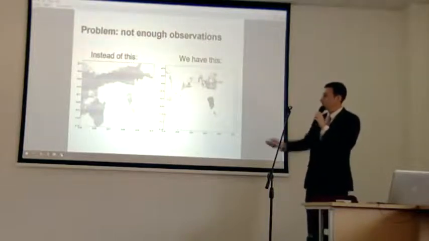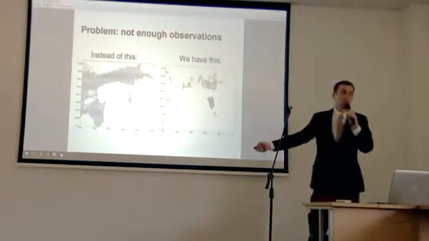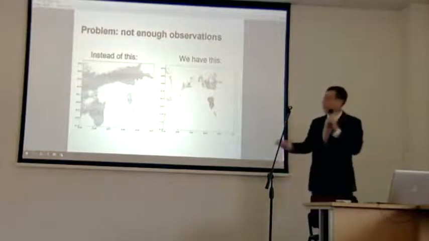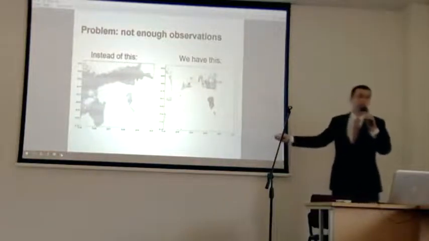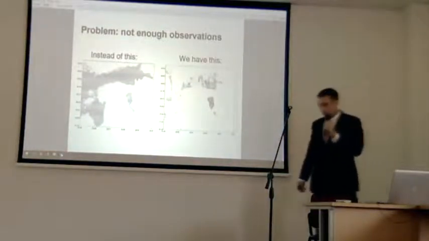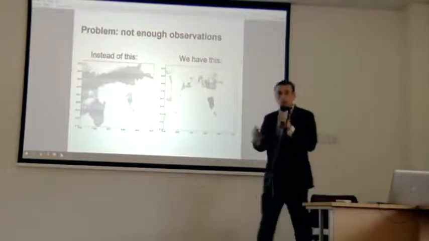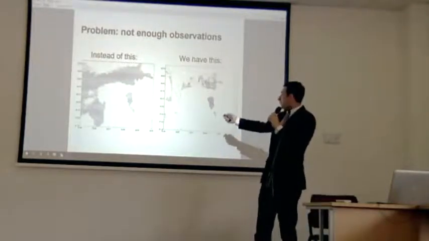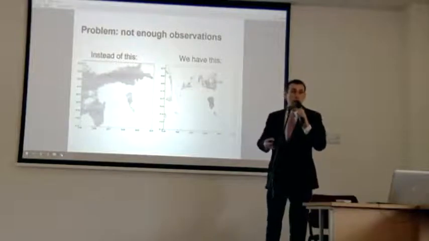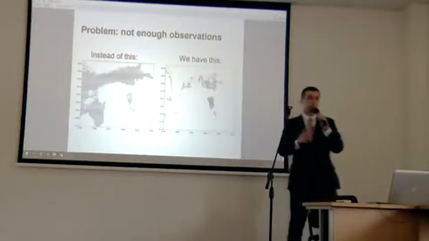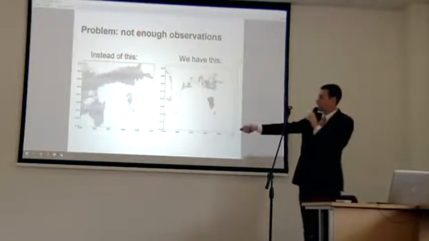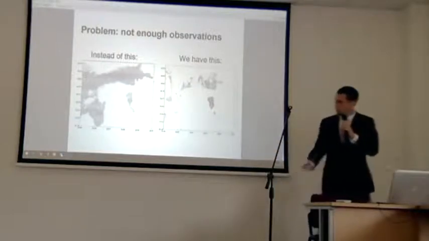And if we would like to have that many observations, that in cloudy days we have as many as this or even less. So the question is how we can use few observations and get the best results possible with that many.